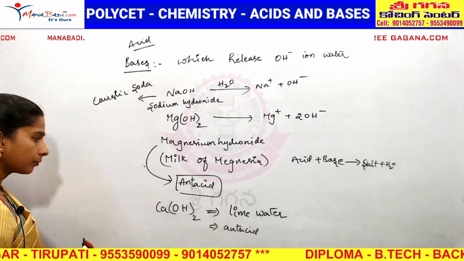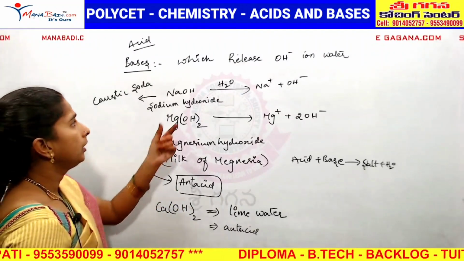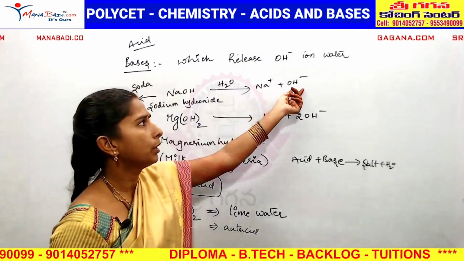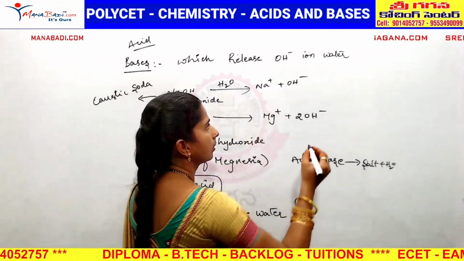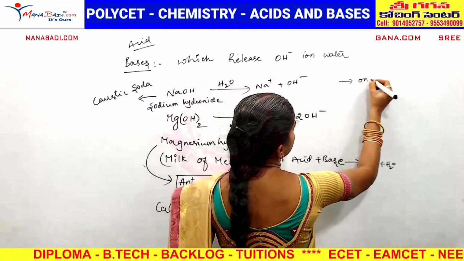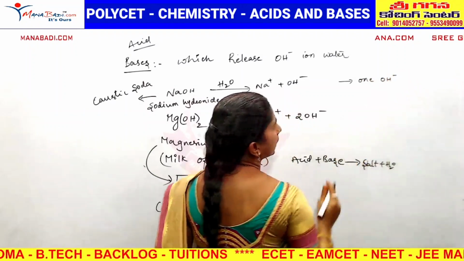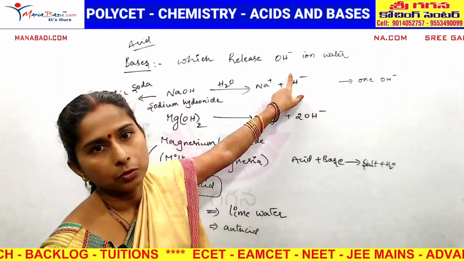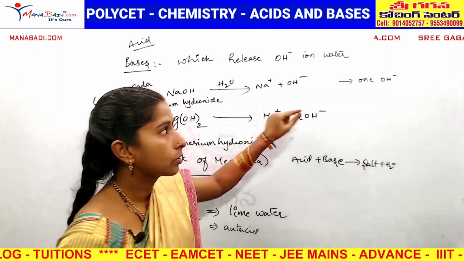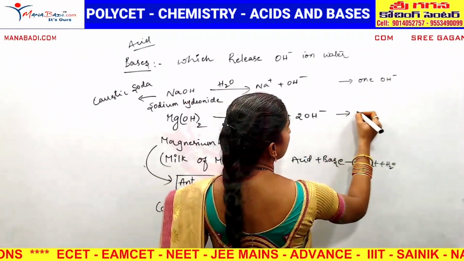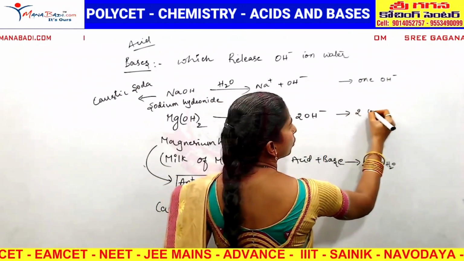Now, if you take NaOH, how many OH minus ions are released? One OH minus ion is released from NaOH. From magnesium hydroxide, how many OH minus ions are released? Two OH minus ions.